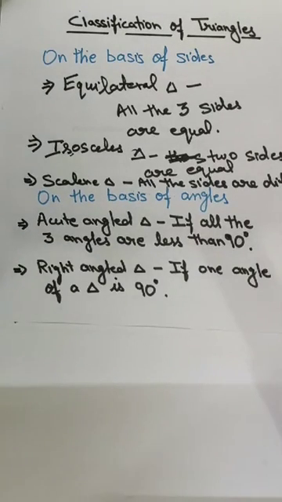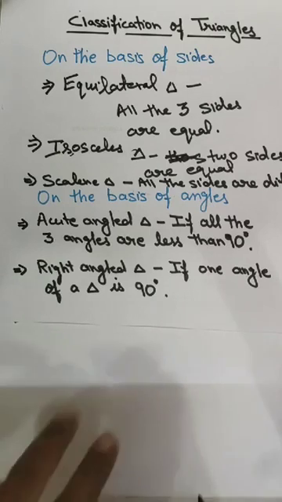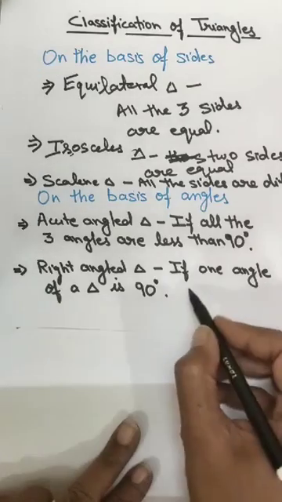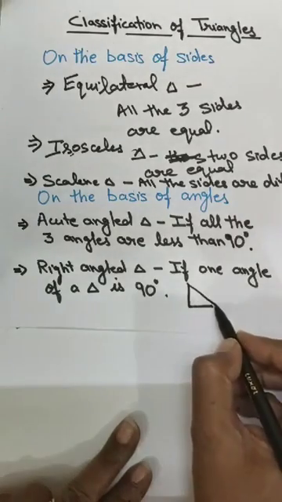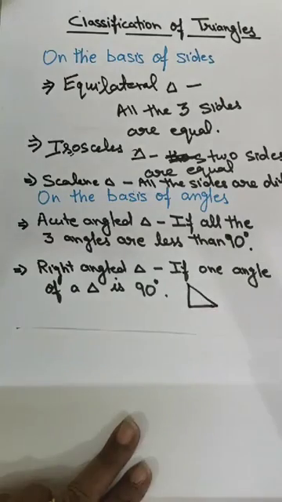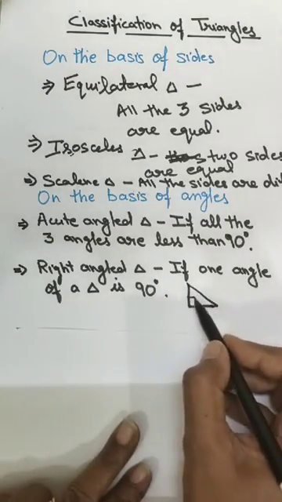Second is right angled triangle. If one angle of a triangle is 90 degrees, exactly 90 degrees, out of three angles, then we can say that it is a right angle triangle. See, it looks like this. This is a right angle.